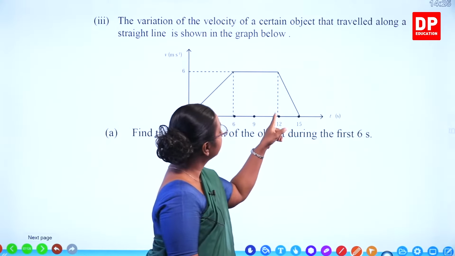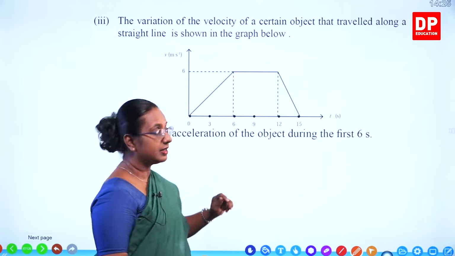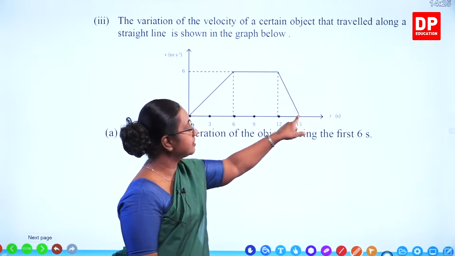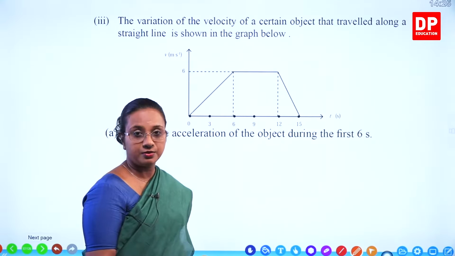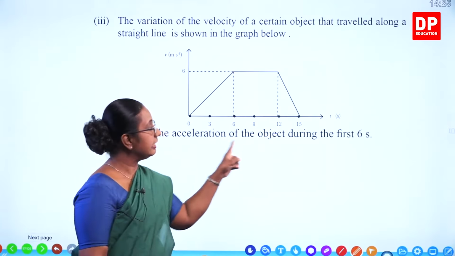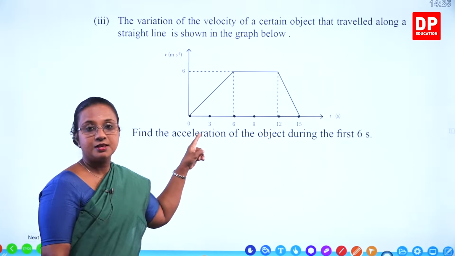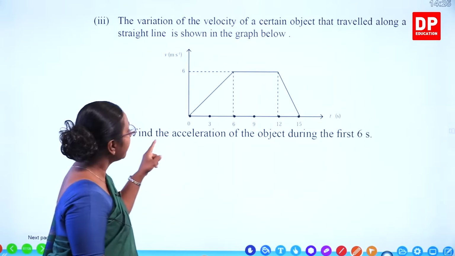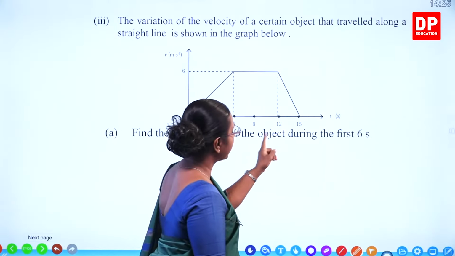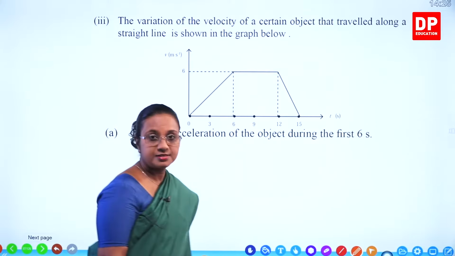And finally, from 12 to 15 seconds, the velocity decreases and comes to 0. So you all know the different types of motion involved in this graph. Find the acceleration of the object during the first 6 seconds.